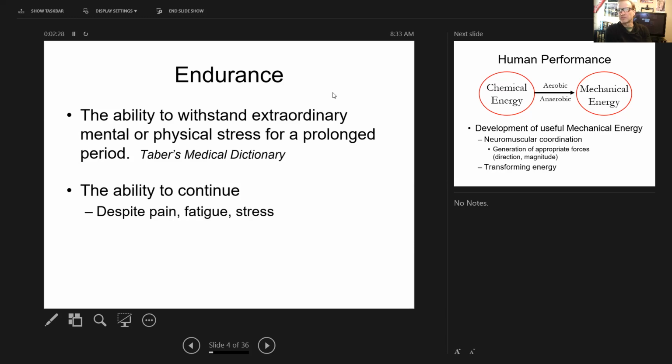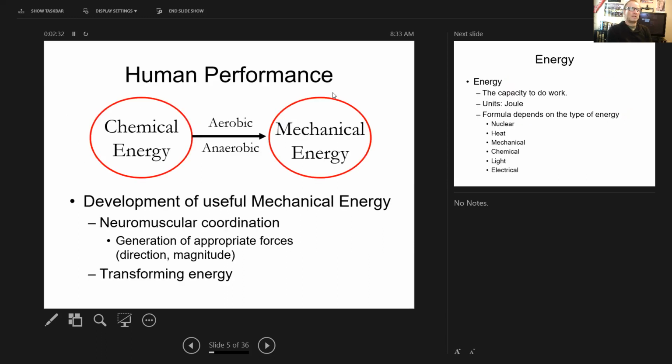And there's a lot of factors going into that ability. Okay, so human performance, and I've used this model before, and this is a really important model to understand when we start trying to pull in information from different areas in kinesiology.